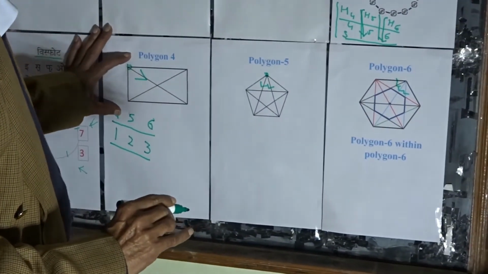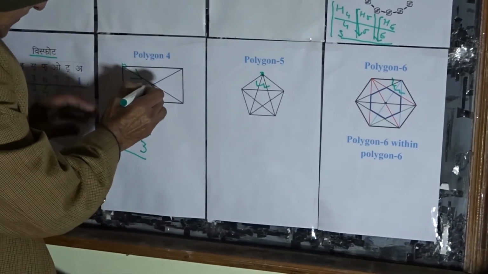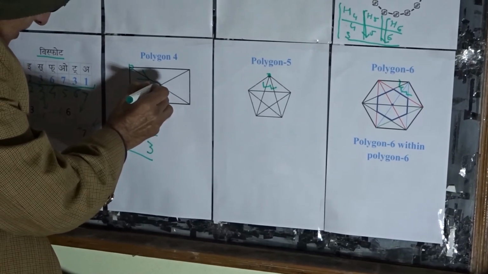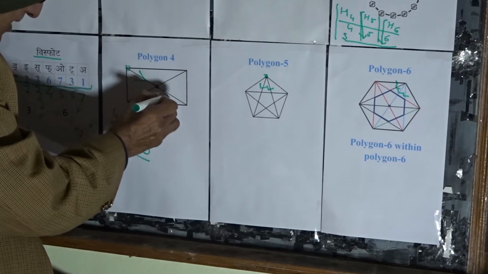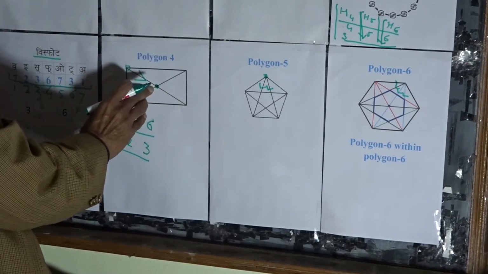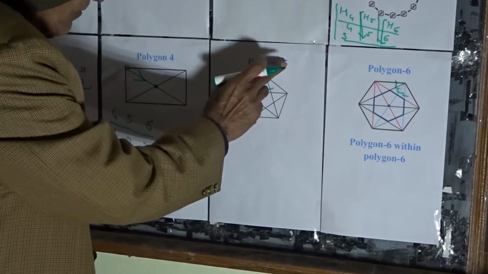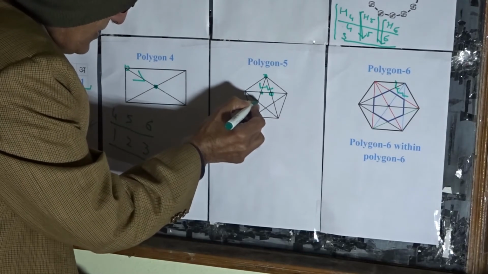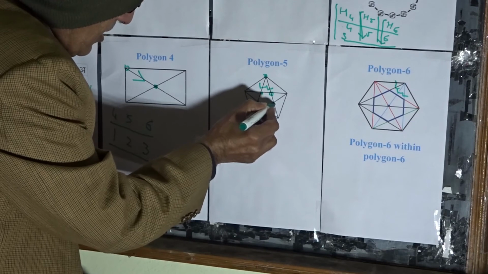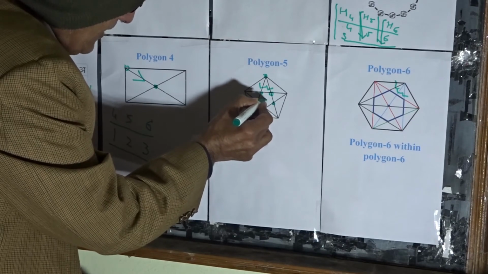Further, the polygon 4 is having an interaction at the center, meaning both the internal diagonals pass through the center.